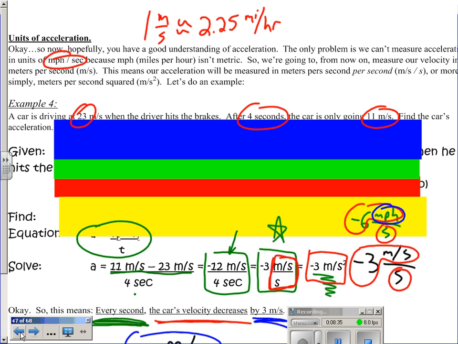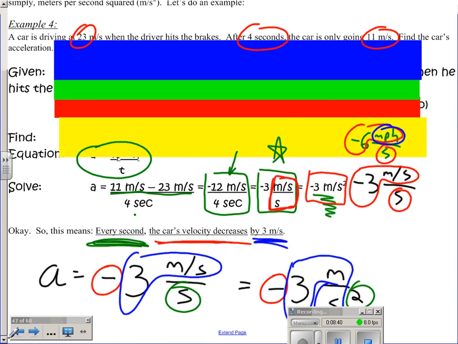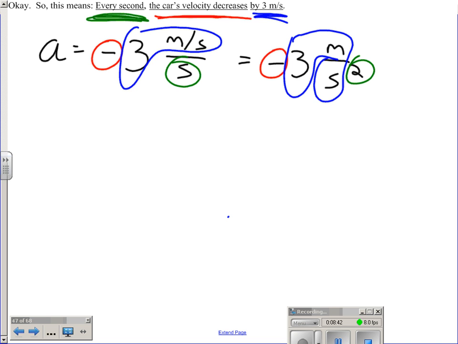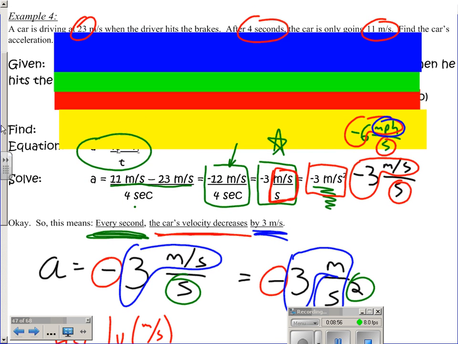Shoot, I did not make a chart. So what that means is this. If you were to make a chart, it would look like this. Time in seconds, velocity in meters per second. So at time 0, when we first saw the car, it was moving at 23 meters a second, right?